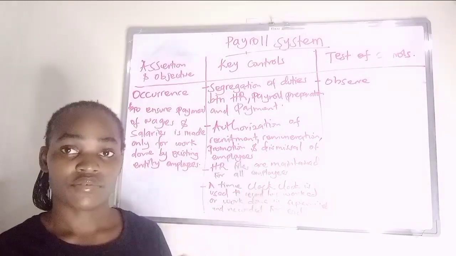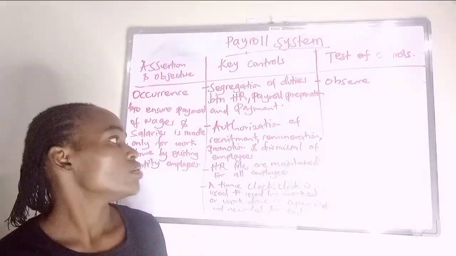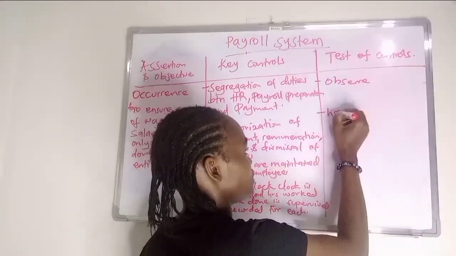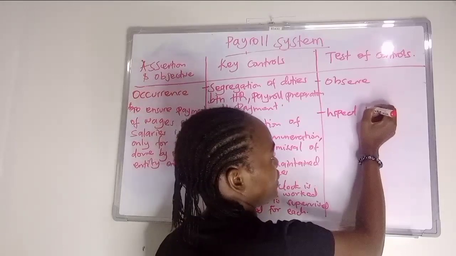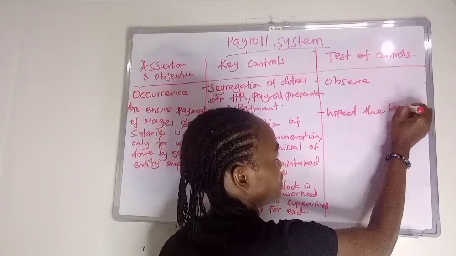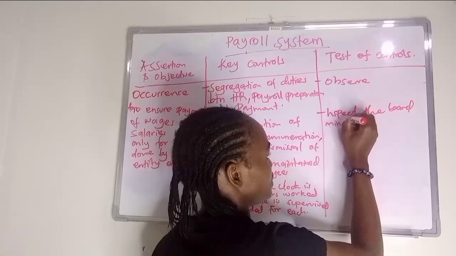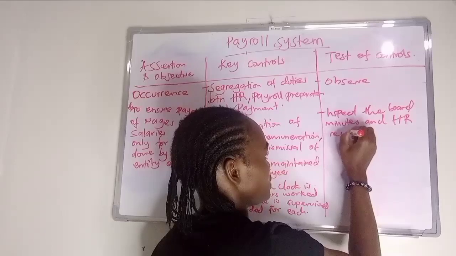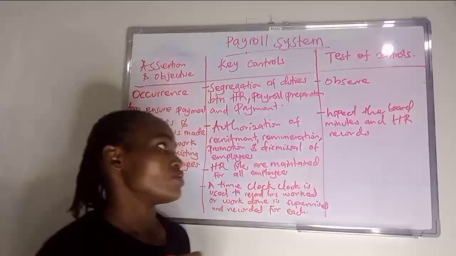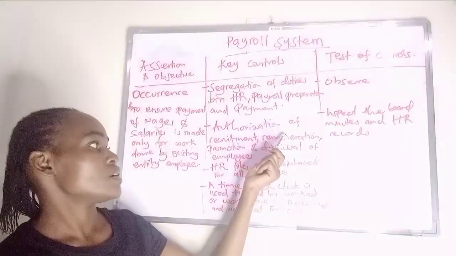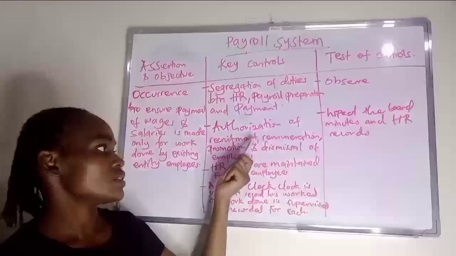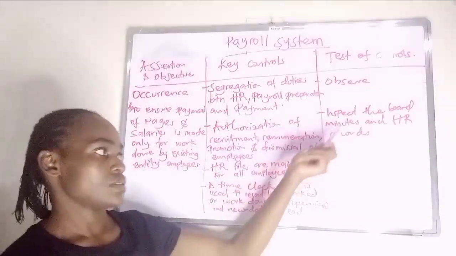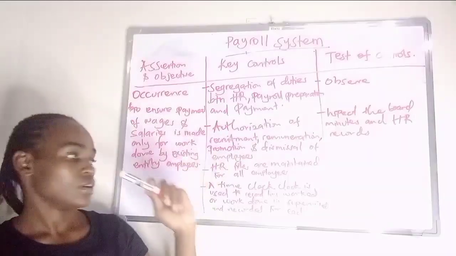So here the auditor can review or inspect the board minutes and HR records or files to see if there is proper authorization of recruitment, remuneration, promotion, and dismissal of employees. So that's how the auditor can test this kind of control.